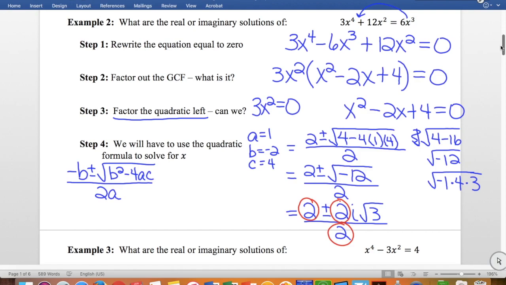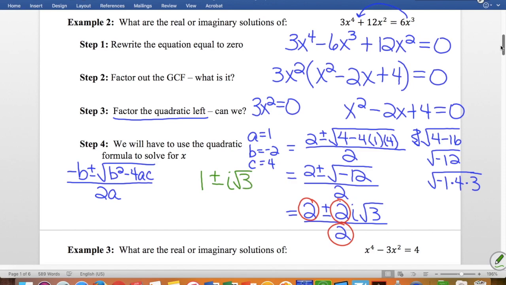Since all three have a common factor of 2, I can divide all 3 of them by 2. They have to all have that common factor, or I cannot simplify. So I'm going to divide all 3 of those by 2 and simplify my answer to 1 plus or minus 1i, or just i, square root of 3.